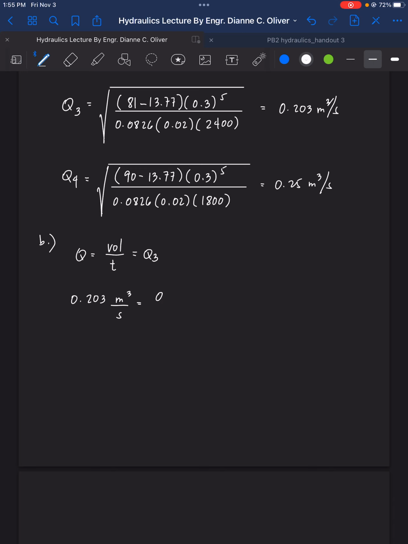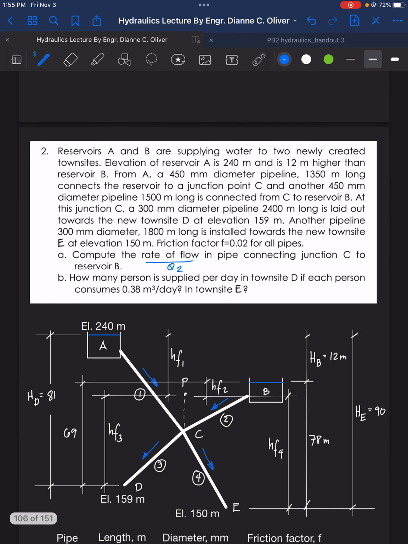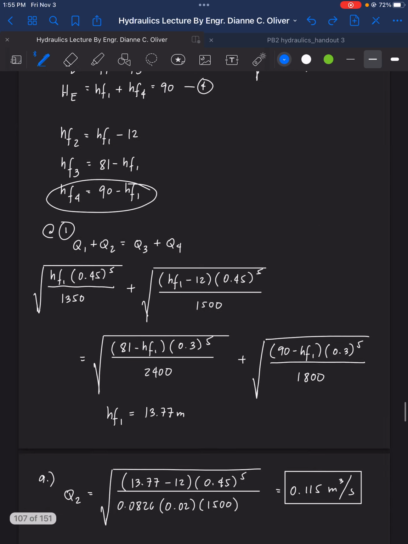Our per person is 0.38 cubic meter per day. It says there per day. So from the condition here, each person consumes 0.38 cubic meter per day.